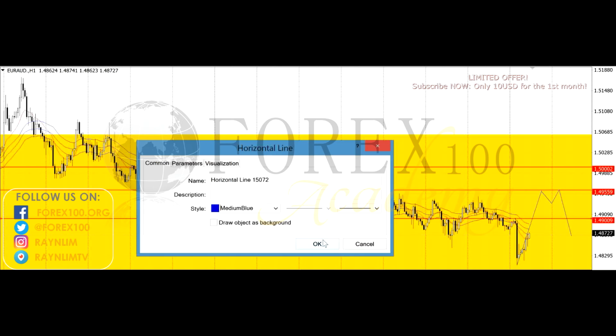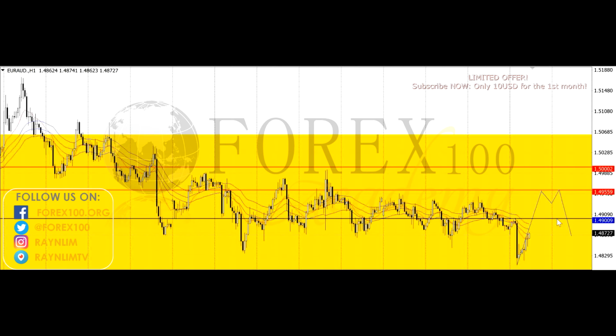This is my take profit level. And the final take profit level will be at 1.4866. Wow, look at that, man. It is nicely drawn on the dot.